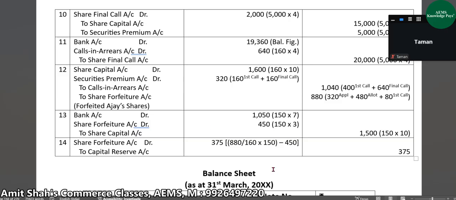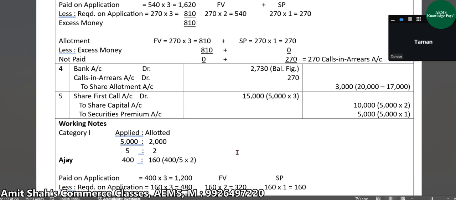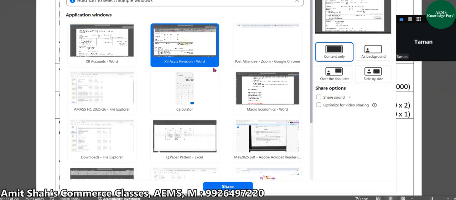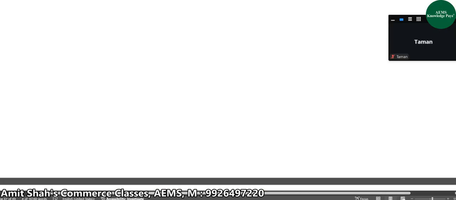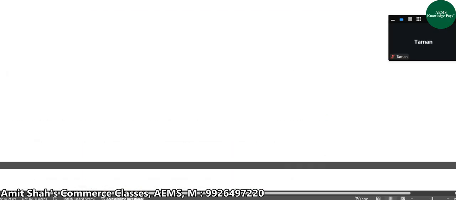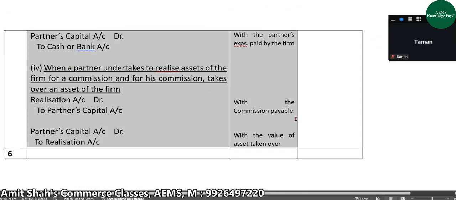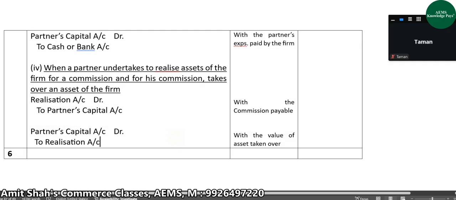Taman, Akshita, Sadul? Yes, sir. We were doing dissolution of partnership firms, which I still have to complete. After that, I have planned to take up the issue of shares chapter or any other chapter of your choice. After 20th or 21st, most probably I would not be available, guys.